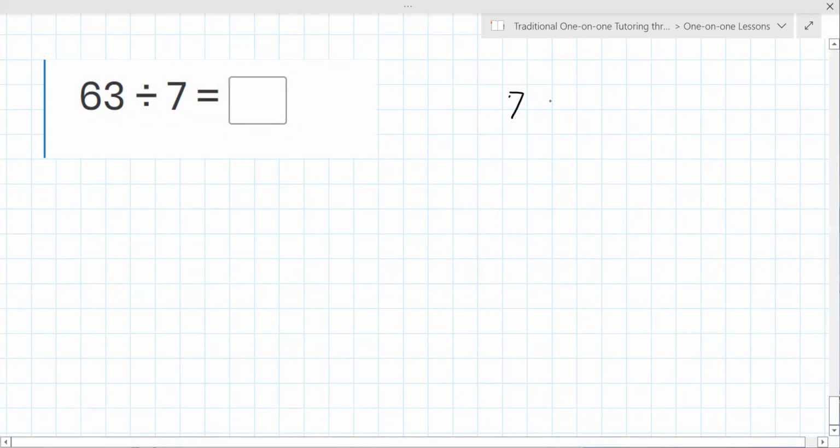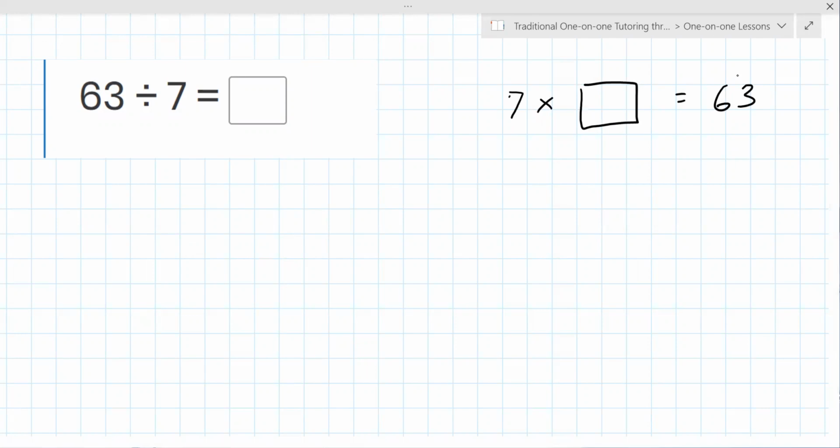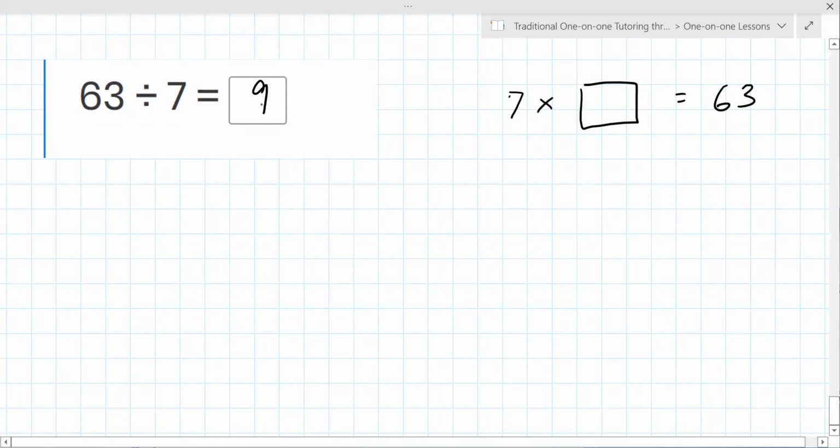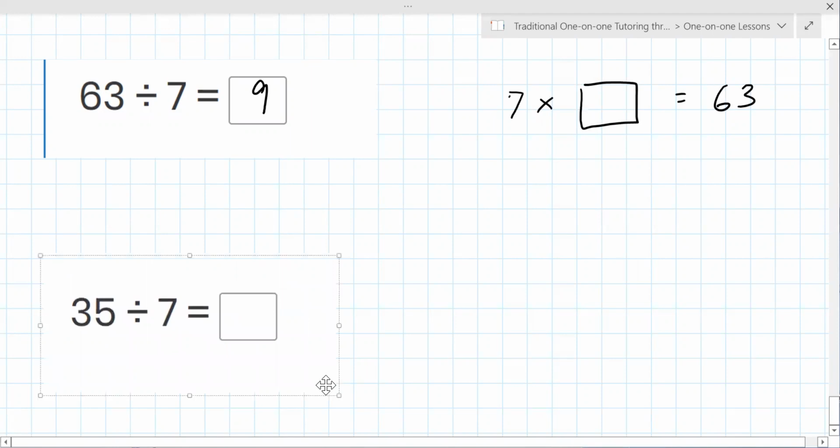Again, it's 7 times some number equals 63. Nine. It is 9. Yeah, perfect. Let's look at another one here. How about 35 divided by 7?